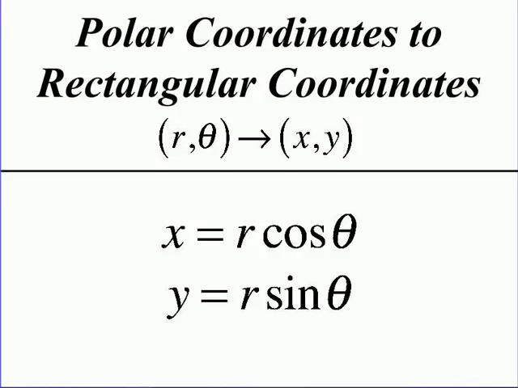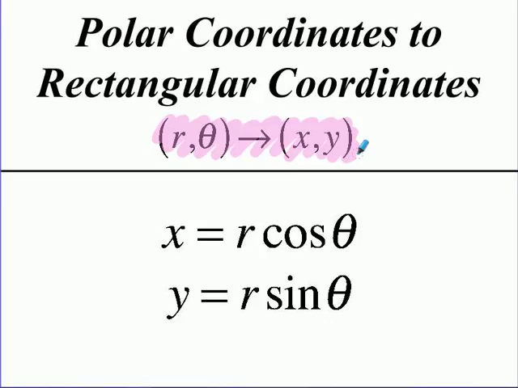And we're going to convert that to the xy coordinate plane. So that's what polar coordinates to rectangular coordinates are. Rectangular coordinates are xy, polar coordinates are r theta. So what you're doing is converting an r theta point to an xy point.